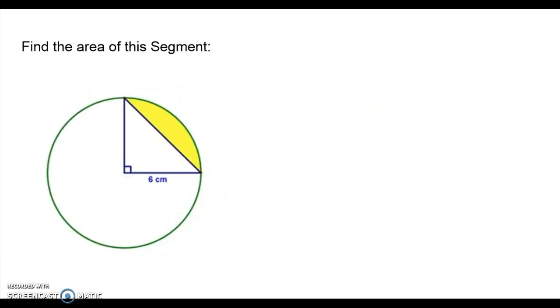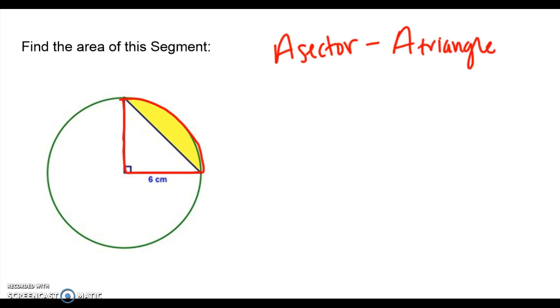Area of a segment, this is kind of the tricky one. Remember, we first have to find the area of this sector. So we have to do the area of the sector, and then we're going to find the area of the triangle. So we need to first find that sector, that whole piece here.